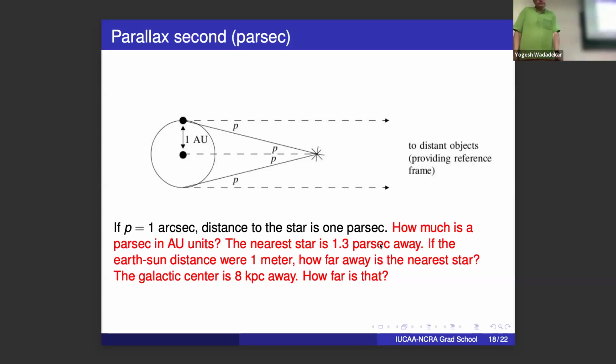Now the galactic center is 8 kiloparsec away. So how far is that? You can take as an approximation that 1 parsec is 200 kilometers, to simplify the calculation.